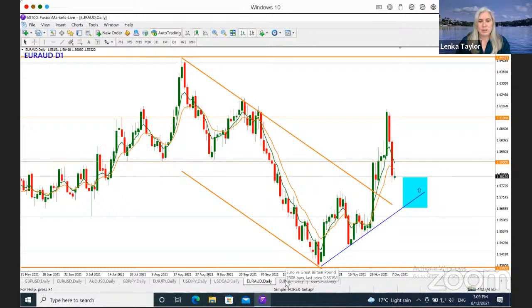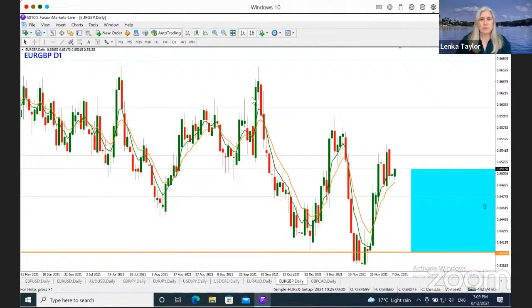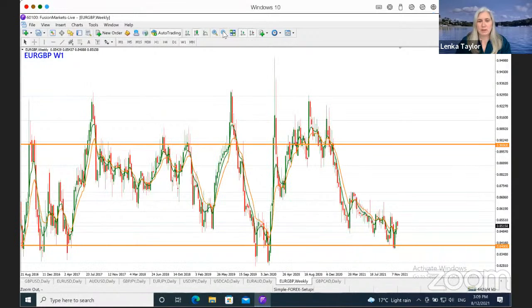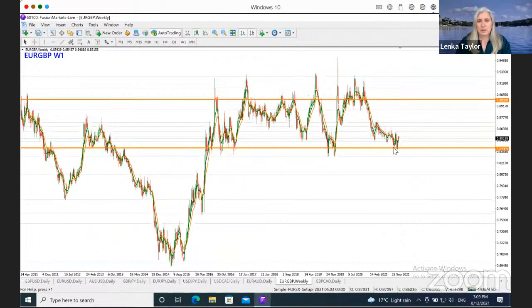The next currency pair I'm looking at is EURGBP, and EURGBP I'm looking for long. So this is that ranging market. It's been in that area for a little while, so I'm only looking for long off the bottom there, the 0.84.